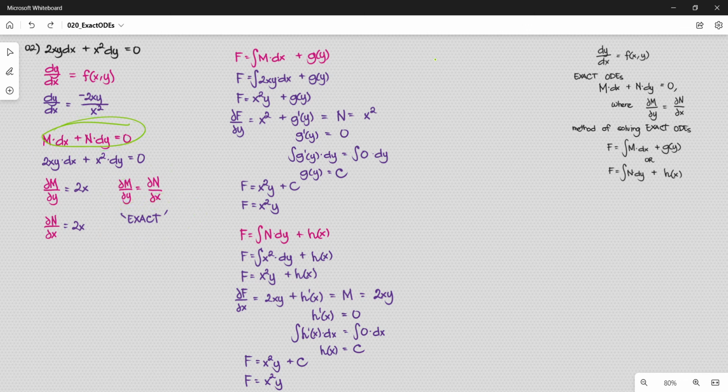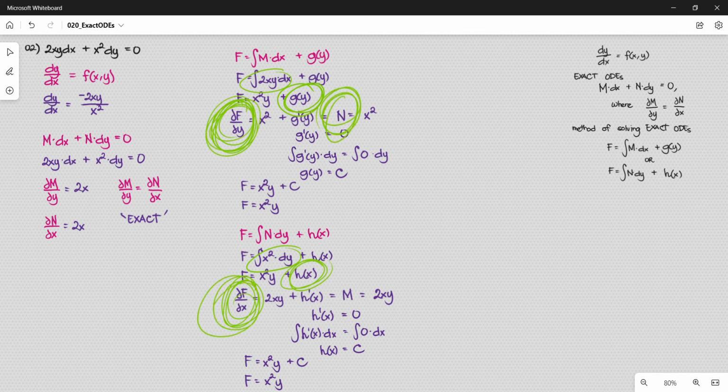Kapag exact siya, pwede natin i-solve gamit to or gamit to. So, susundan na lang natin yung pattern na yan. Mag-integrate na lang tayo. Tapos, para makuha yung g of y or yung h of x, kunin natin yung partial ng f with respect to y or yung partial ng f with respect to x. Tapos, itong partial ng f with respect to y, equal siya dapat sa N by definition.